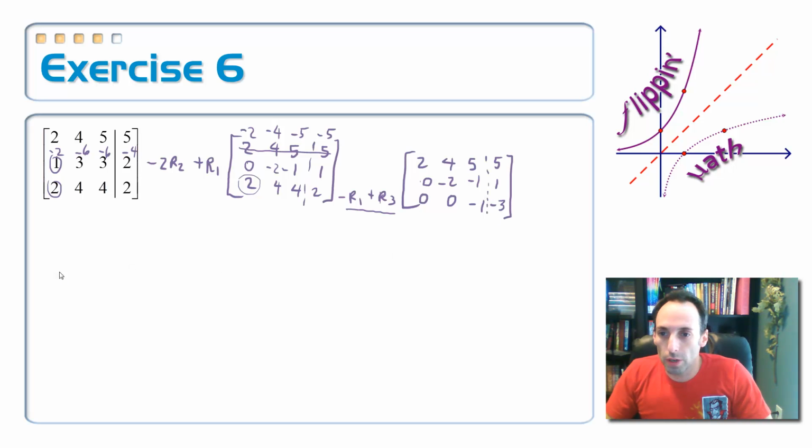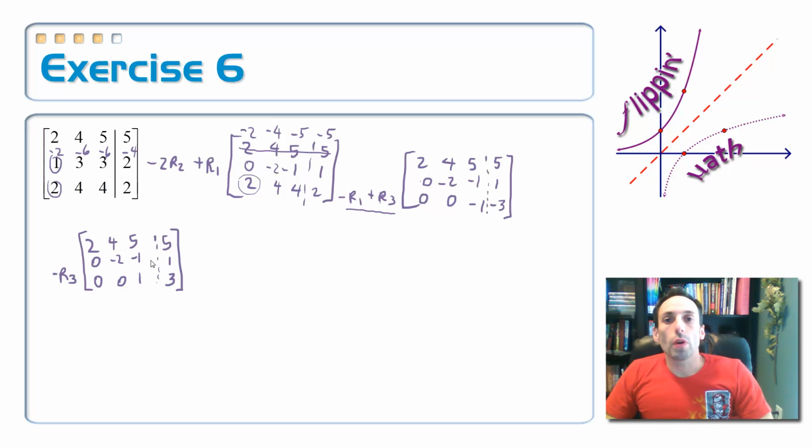So I'm going to do a negative row 3 to replace row 3. Top stays the same, 2, 4, 5, 5. Second stays the same as well, 0, -2, -1, 1, but my new bottom row is 0, 0, 1, 3.